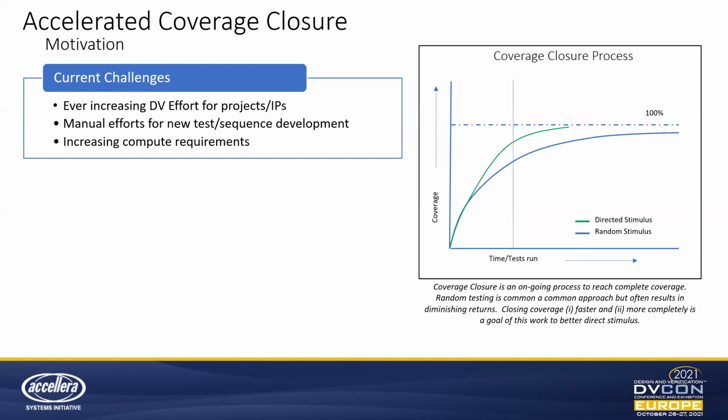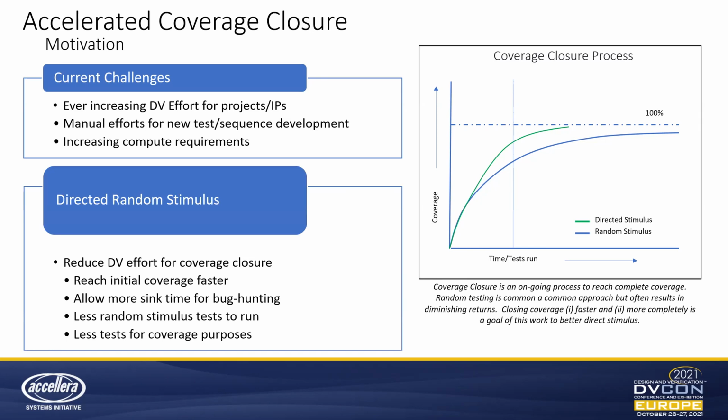Directed stimulus is defined to target specific coverage or coverage goals, and when used appropriately, this can hit coverage faster, as there tends to be less redundancy in test cases. So the goal is to accelerate this process using better directed stimulus from a random approach. Our approach in this case is the use of directed random stimulus.